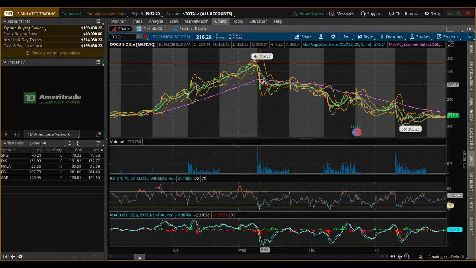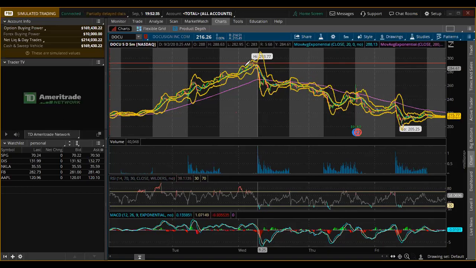Now you're praying and hoping that it pushes back up to what your goal was so you can get out then. And then look what happens. It continues to fall. So have your goals, stick to your goals.